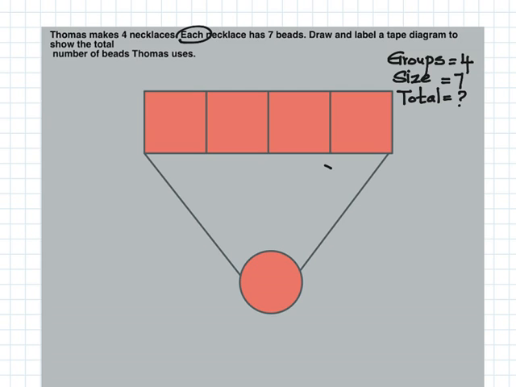Total equals what? Or the total is an unknown that we have to find. If we have to find the total, we have to do a multiplication equation, or multiplication number sentence. So let us do it. 4 times 7 equals what? That is the multiplication equation for this problem.